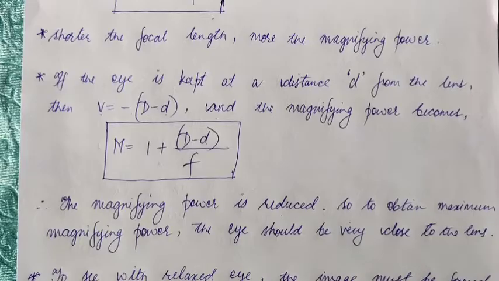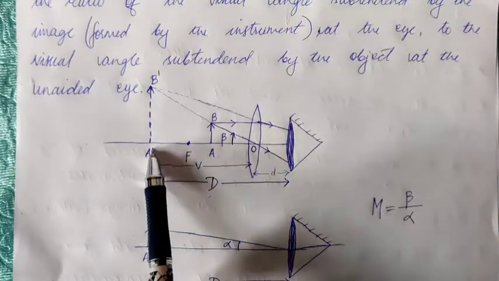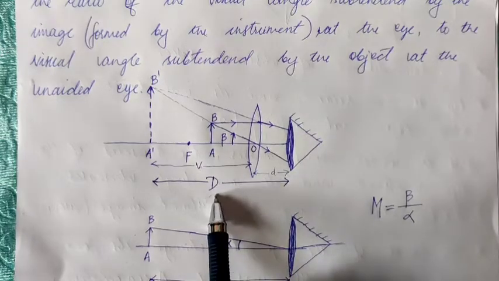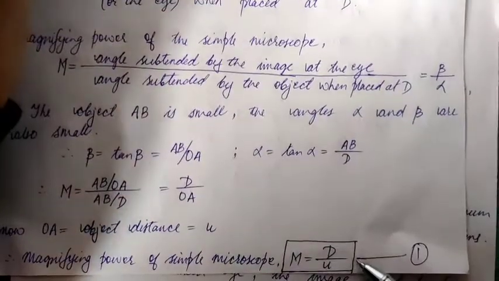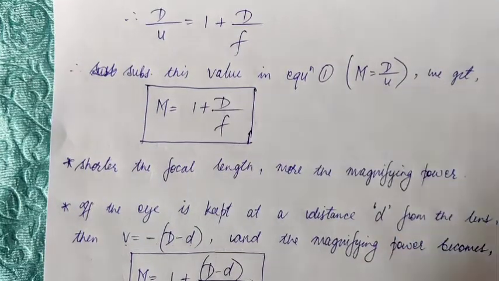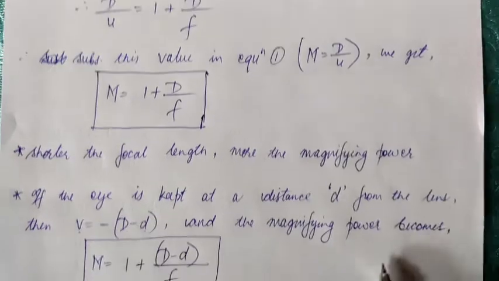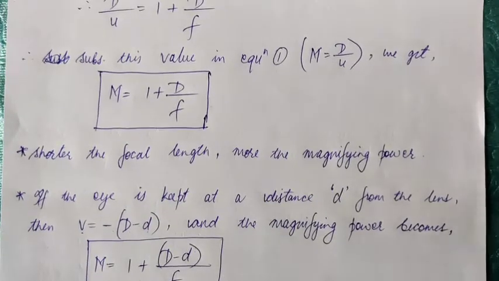Okay, now so far we had assumed the image to be formed at the least distance of distinct vision. So this expression, also this expression for magnifying power, were for the case when the image was formed at least distance of distinct vision. Now this is a special case, mind you.